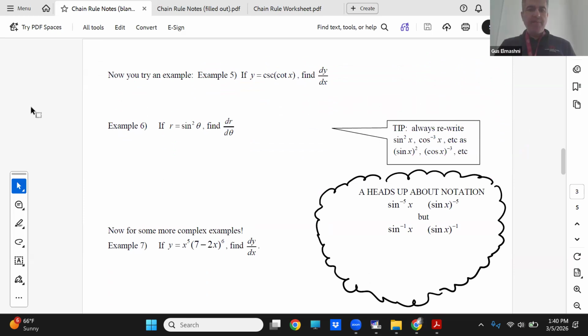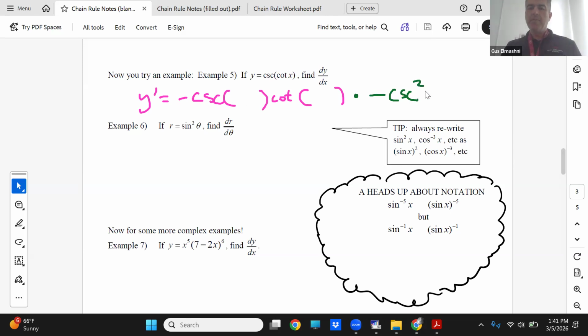Okay, example 5. Cosecant of cotangent x. You guys remember the derivative of cosecant? It's a little tricky because you're going to have to do this, and then times the derivative of cotangent, which is negative cosecant squared x.